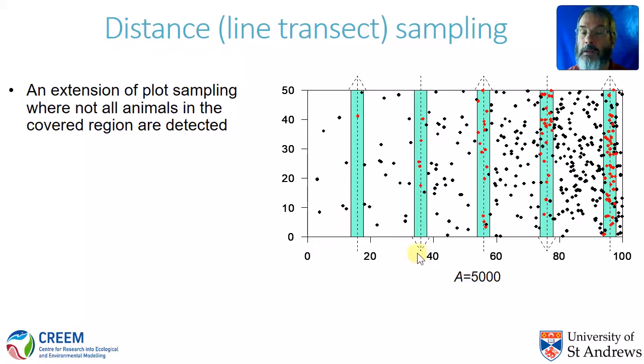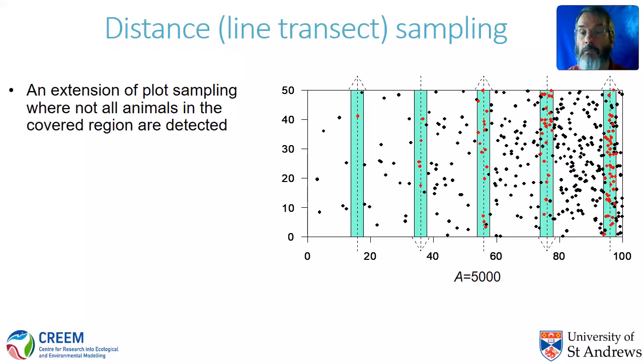And by allowing these strips to be wider, we now need to take account of the fact that having wide strips might lead us to not detect all of the animals that are in the strips.